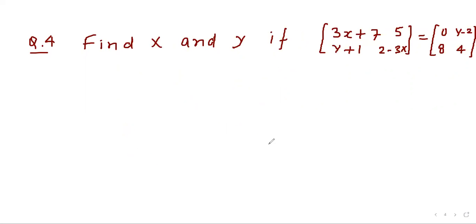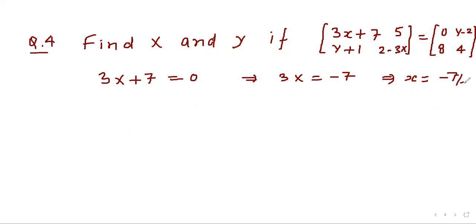Next question. Find x and y if we are given the two matrices equal. So again, corresponding elements will be equal. So 3x plus 7 corresponds to 0, from where we get 3x equal to minus 7, which implies x equal to minus 7 by 3. Similarly, y plus 1 must be equal to 8.